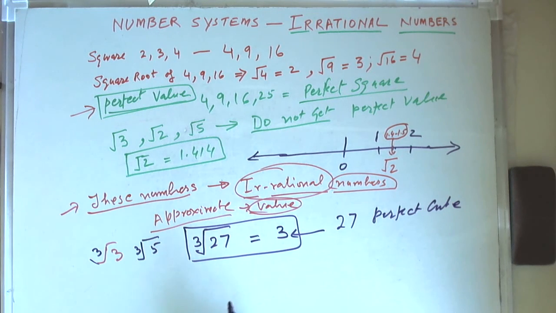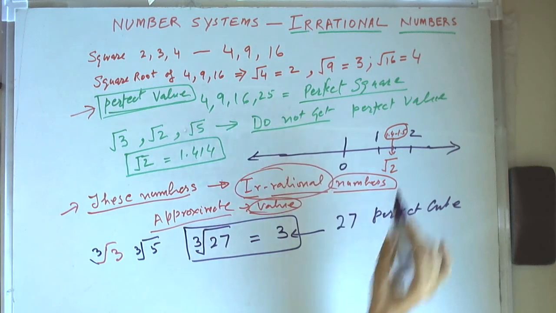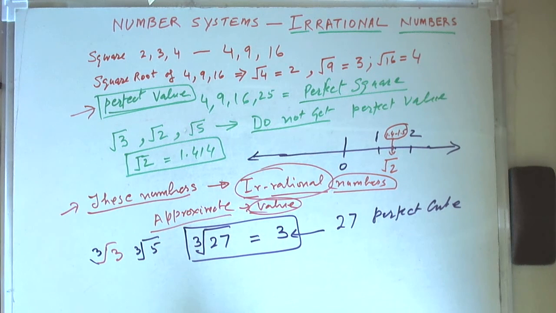But other values like 26, 28, 29, if we take their cube root, will all result in irrational numbers.